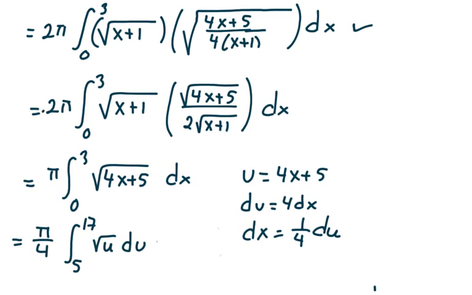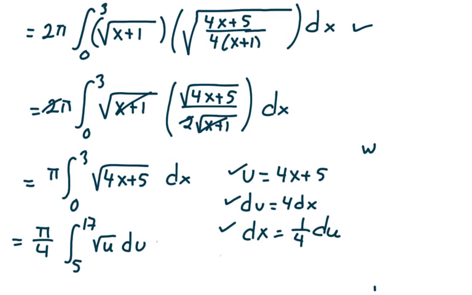Notice how the 2's cancel and the square roots of x plus 1 cancel. And then from here, we get pi times the integral from 0 to 3 of the square root of 4x plus 5 dx. I'm going to let u equal 4x plus 5. du is 4 dx. dx is 1/4 du.